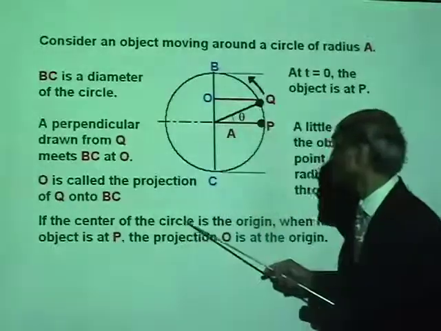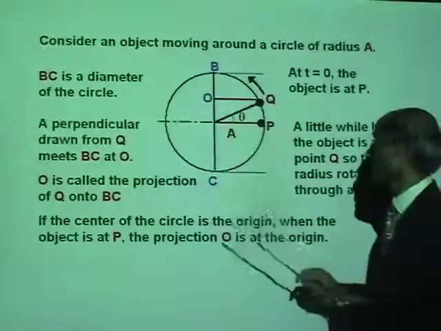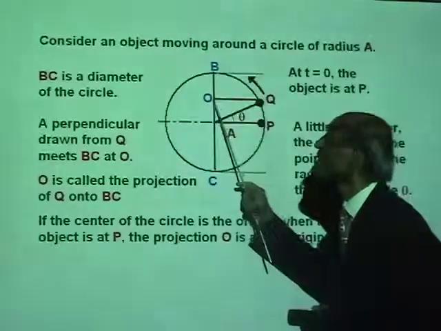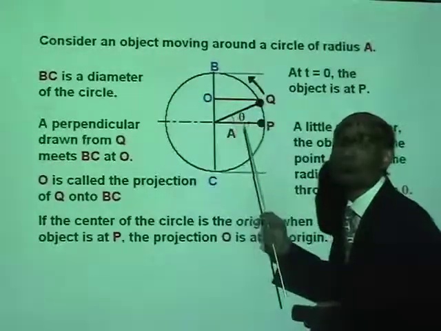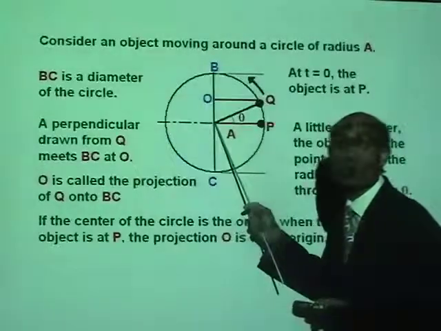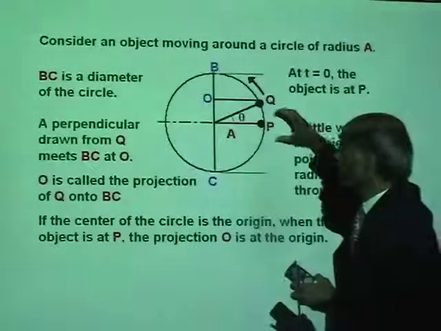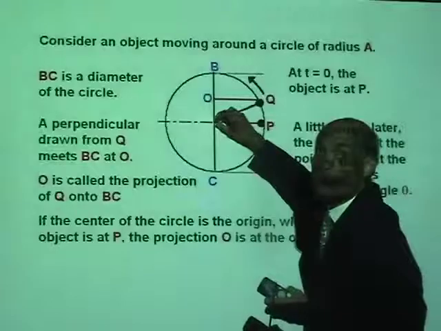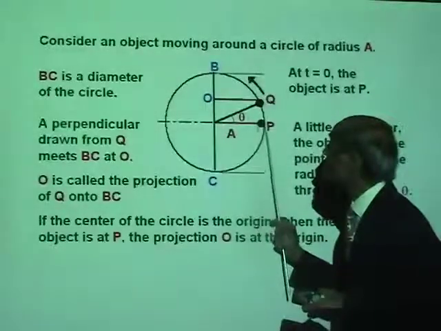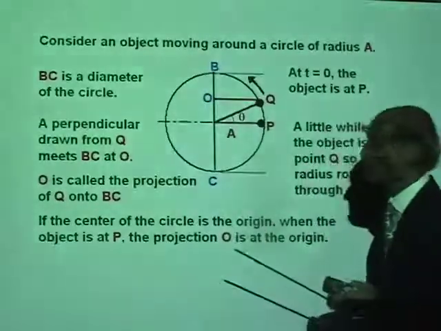If the center of the circle is the origin, when the object is at P, where will this projection be? When the object is at P, the projection will be at the origin here. If I show the light now here, the shadow of this P will be over here.